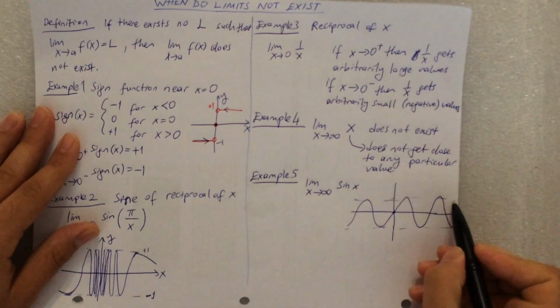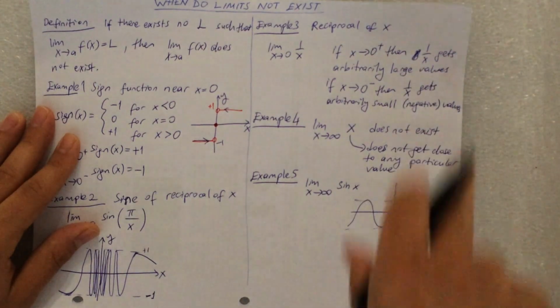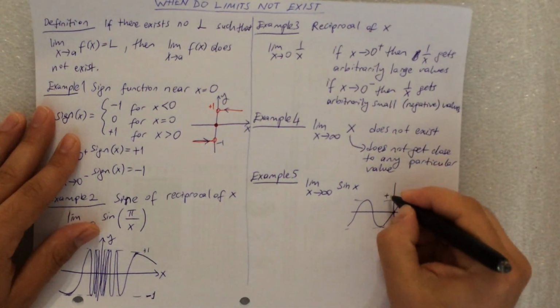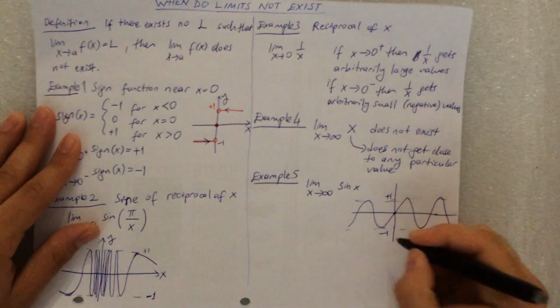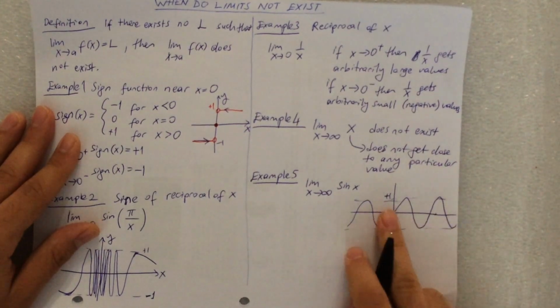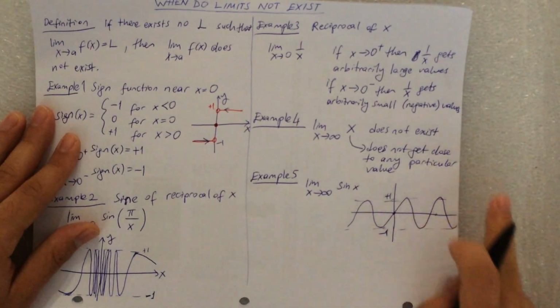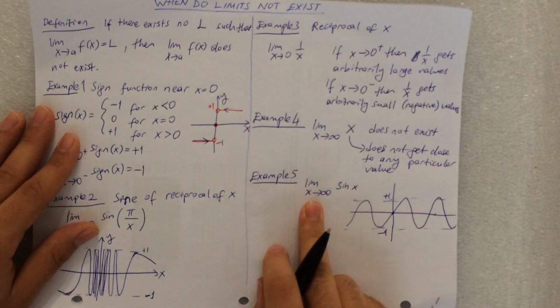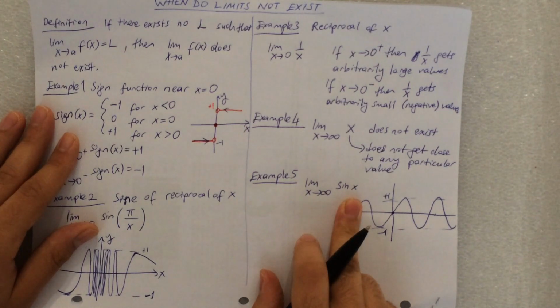This limit does not exist because it's going to scan over all the values in the interval between +1 and -1, and there is no special value that this curve gets close to. So we can say that this limit does not exist.